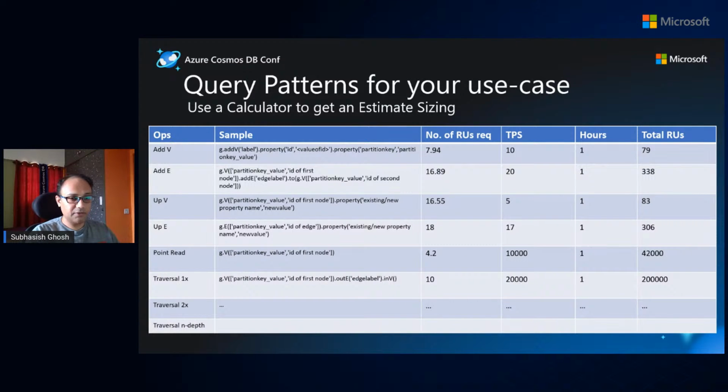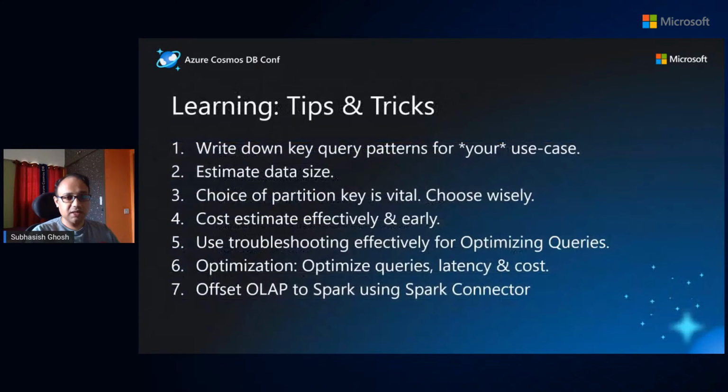That's also one of the tips or design decisions, in the last slide I have, which covers some of the key learnings we picked up as we built the use case. We wrote down the key query patterns, effectively estimated data size, chose the partition key effectively, tweaked a couple of pilots, estimated effectively and early, which is very important, and then optimized for query latency and cost.